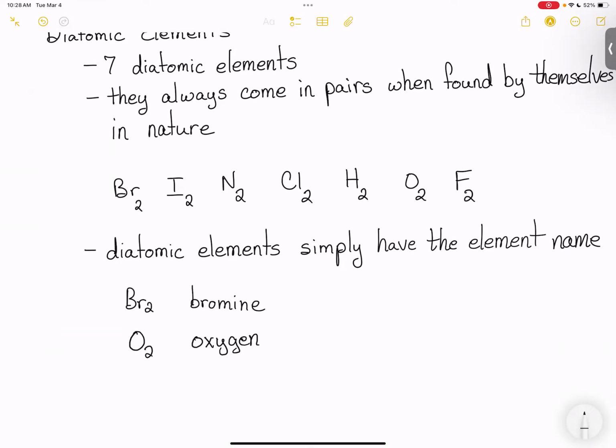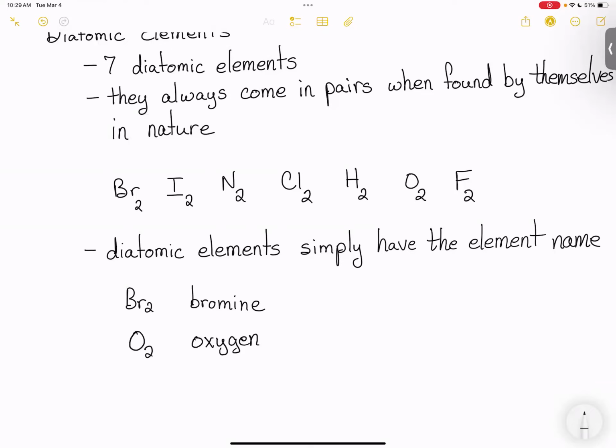The question may arise, and I can imagine this question: back when we were talking about the periodic table, we said that is oxygen, but that's just an O. Which one is oxygen? The fact of the matter is the question shouldn't be which one's oxygen, because technically the O2 is oxygen. So what is the single O?